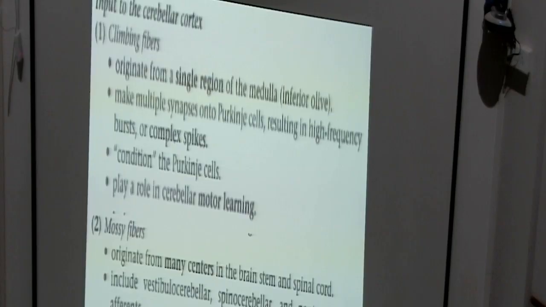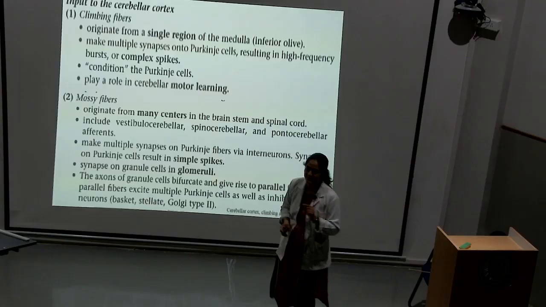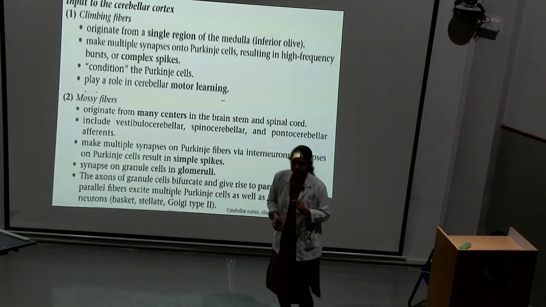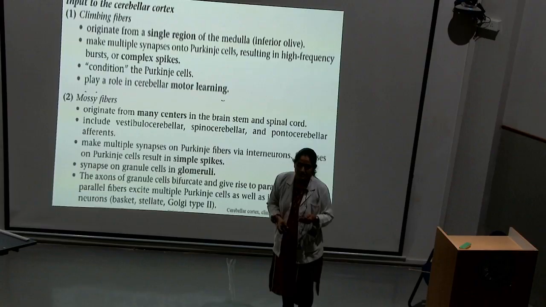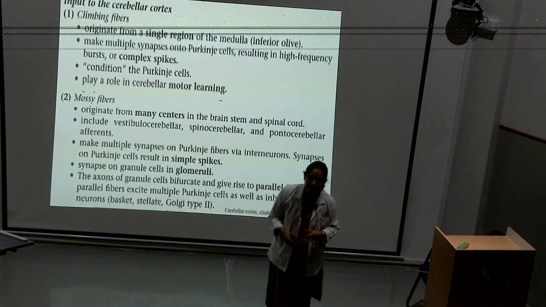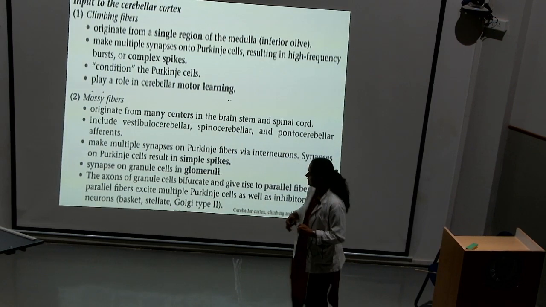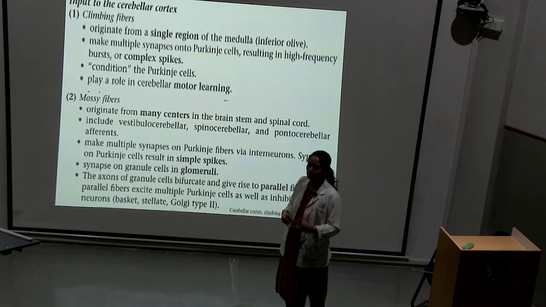Climbing fibers originate from a single region in the medulla oblongata, the inferior olivary nucleus, and make multiple synapses with the Purkinje cells, resulting in high frequency bursts, also called complex spikes. This helps in conditioning of the Purkinje reflexes and also in motor learning of a new skilled activity. This is mainly done by your climbing fibers.